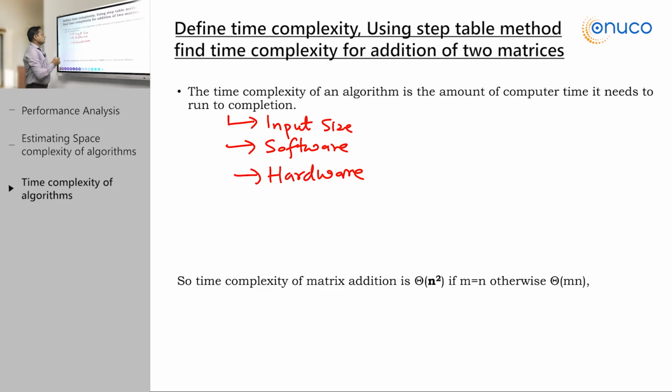And of course it also depends on the program, what you have written, and the quantity of output. So time complexity not only depends on your algorithms or programs, it also depends on input size, software, hardware, and output.